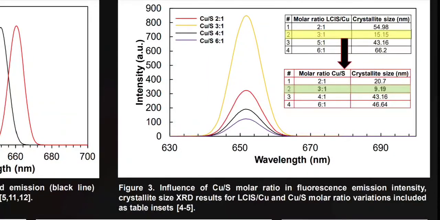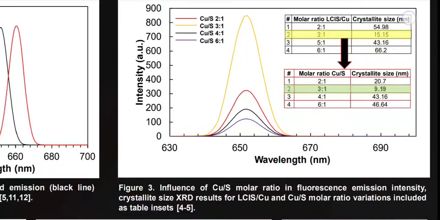We can see the fluorescent spectra of functionalized copper sulfide nanoparticles varying the copper sulfur molar ratio under the excitation wavelength of 661 nanometers.